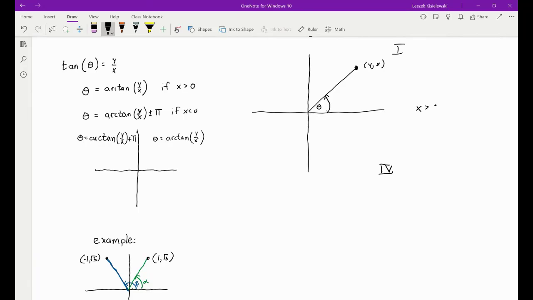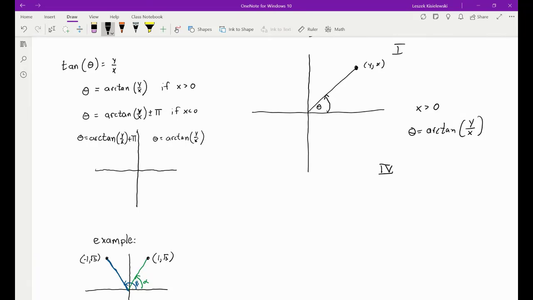This is if x is positive, right? So if x is positive for your point, then we can go ahead and use our formula. That theta, the angle measure, can be given by arctangent of y over x.